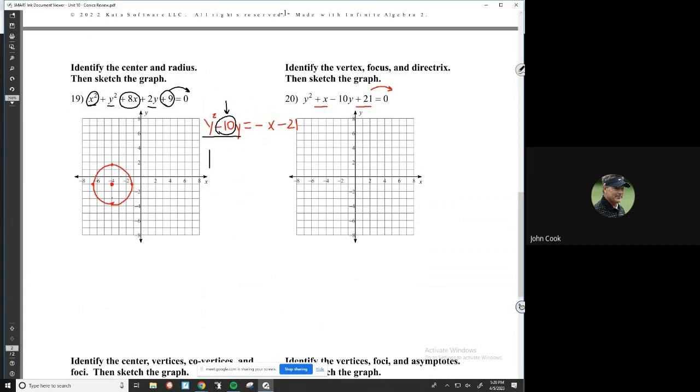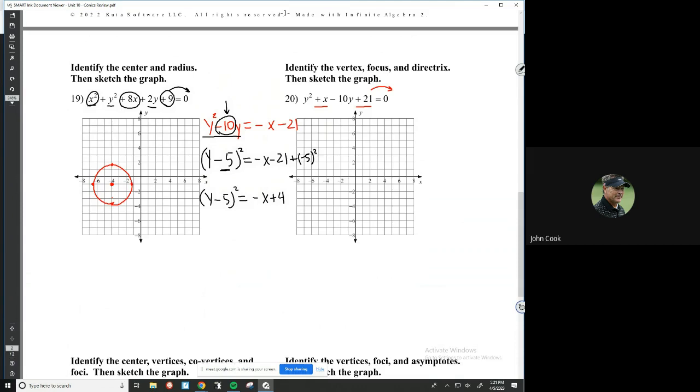So y, and then negative 10 divided by 2 is negative 5. So y minus 5 squared. And then I need to add a term onto this side, and that's going to be that negative 5 squared. So here's what I've got so far: y minus 5 squared equals negative x, and then negative 21 plus 25 gives me a positive 4.